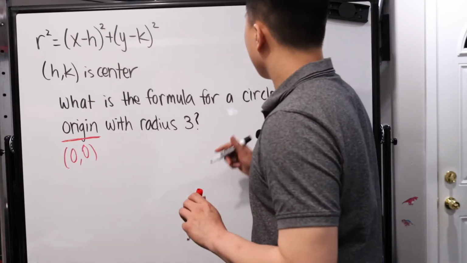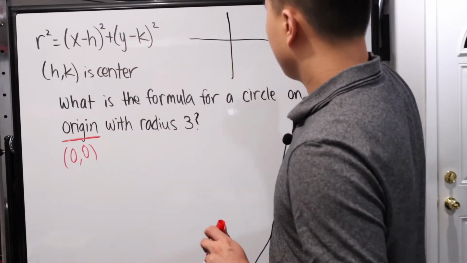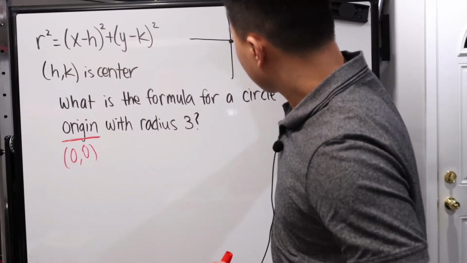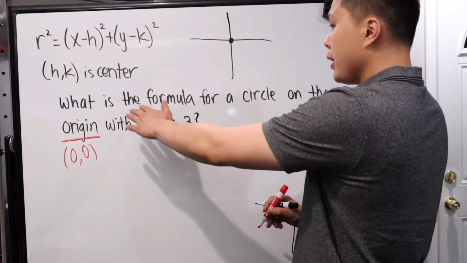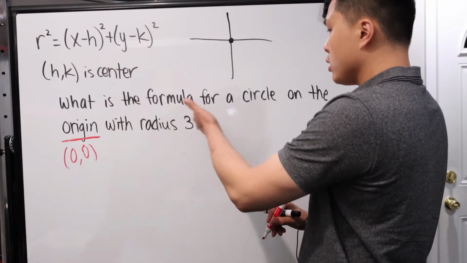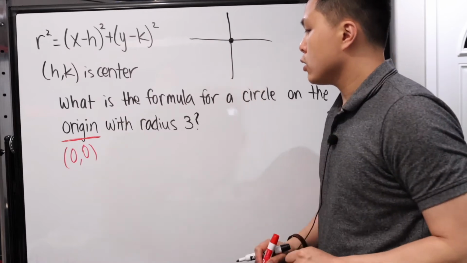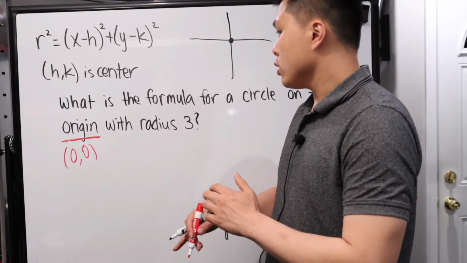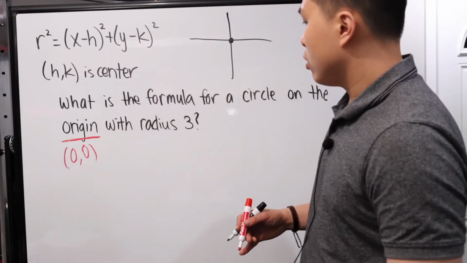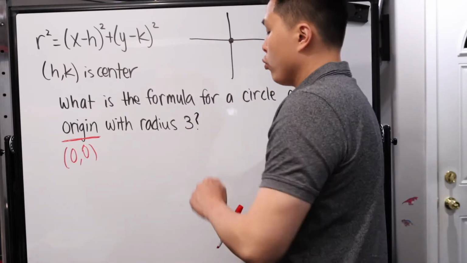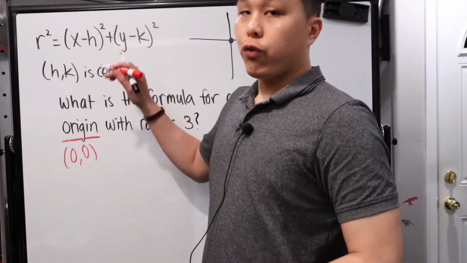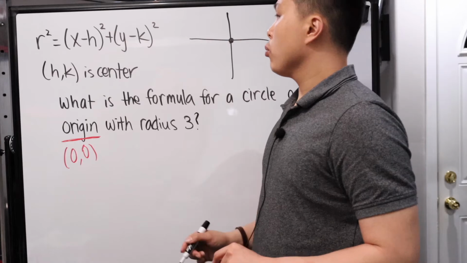In a graph or a coordinate plane, the origin is right here where the two axes cross, and usually that is 0, 0. So basically, this entire problem, what is the formula for a circle on the origin with radius 3, is the idea of what is the formula for a circle that has 0, 0 as its center with radius 3. And here's the circle formula, so we can at least get a little more comfortable with it.